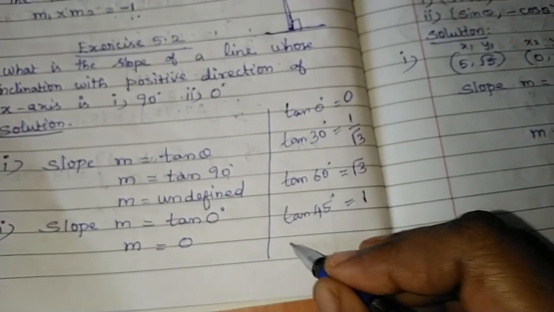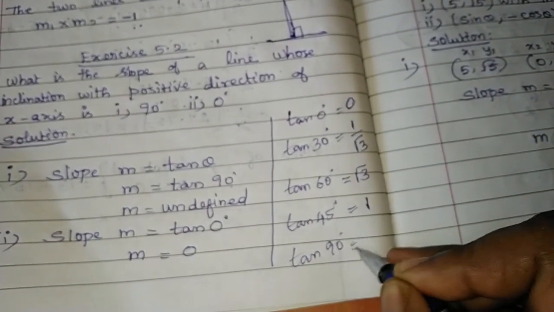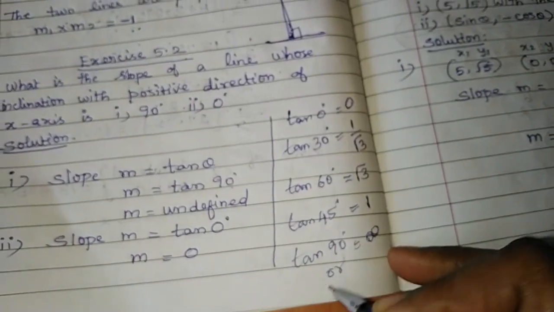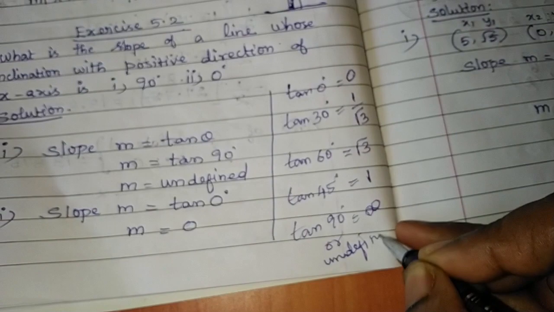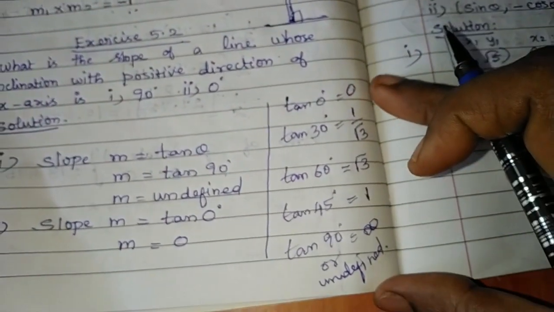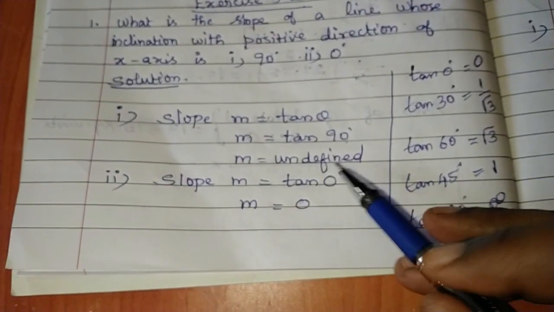Tan 90 degree equal to infinity or undefined. So already you have studied the formulas in 9th standard. See that one, tan 90 degree equal to undefined.